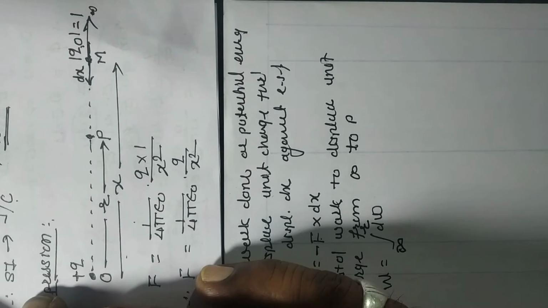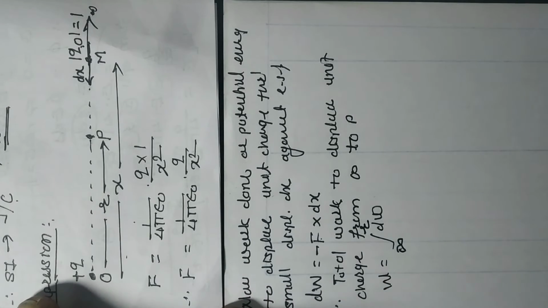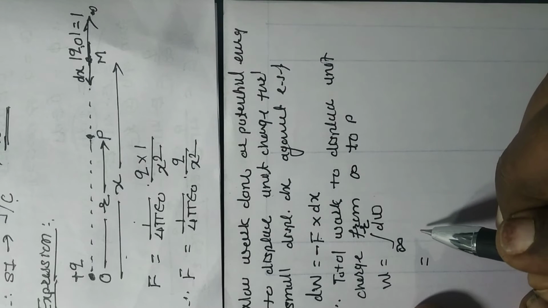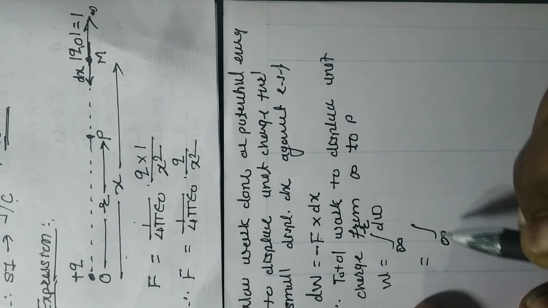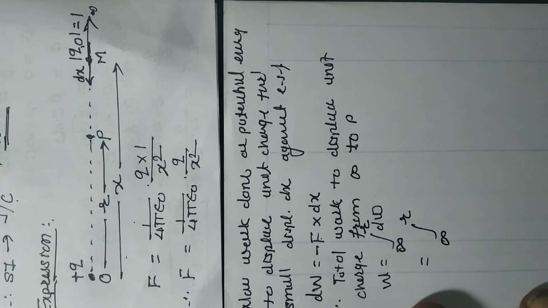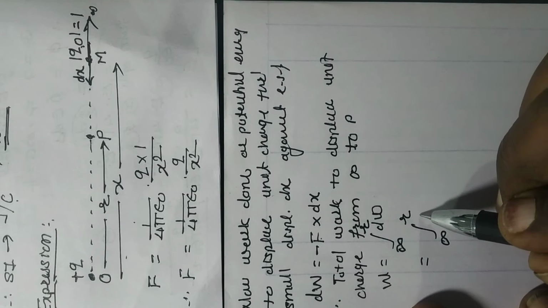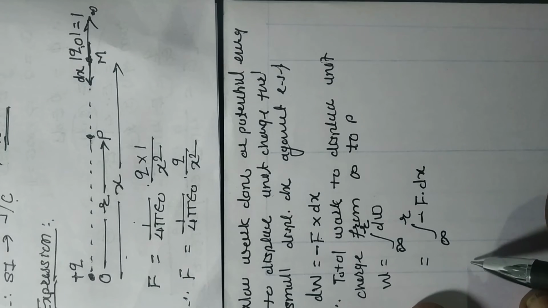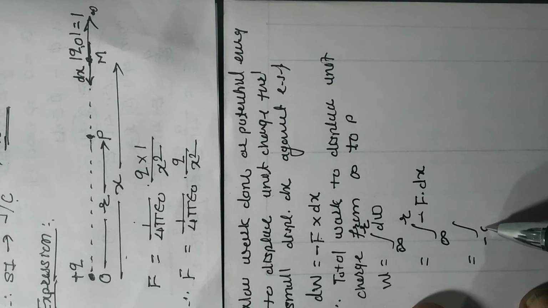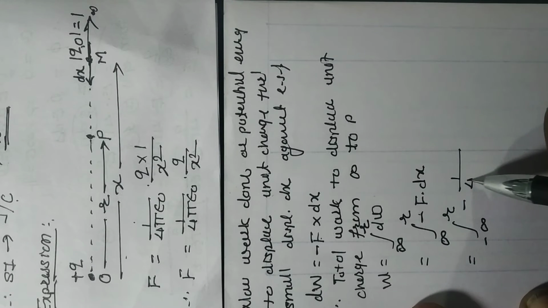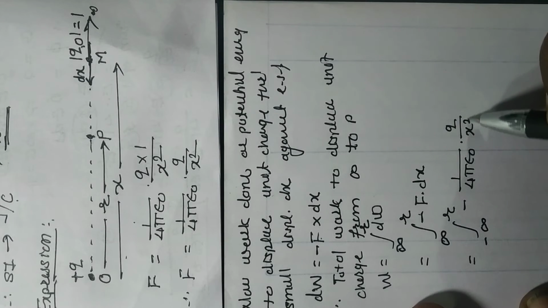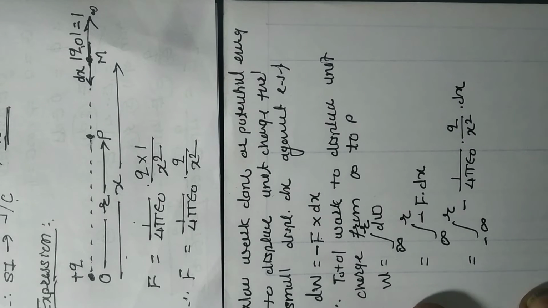The integration we take from infinity to that point r, which is equal to integration from infinity to r of work, that is minus F into dx, which is equal to integration from infinity to r of minus 1 divided by 4 pi epsilon into Q divided by x square into dx.